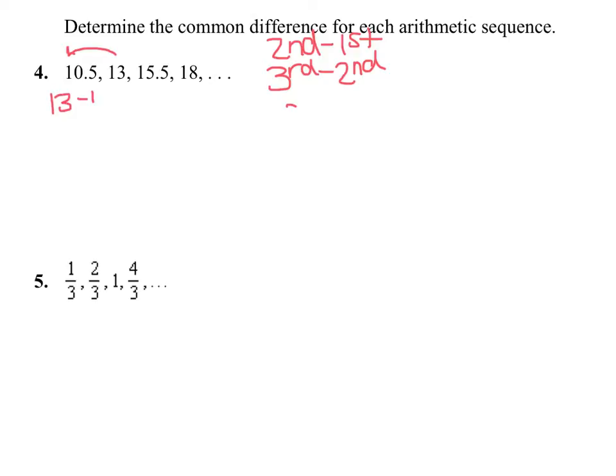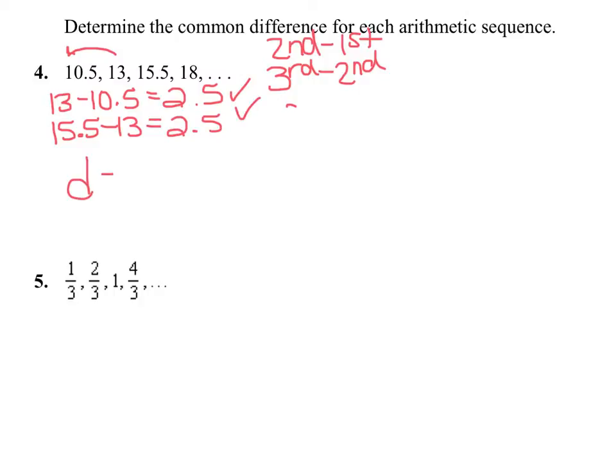So that's 13 minus 10.5, which would be 2.5. And then I've got 15.5 minus 13, which would be 2.5. And see how I get the same answer? I know my D for the first one is 2.5. Now for the second one, I have 2/3 minus 1/3, which happens to be 1/3.